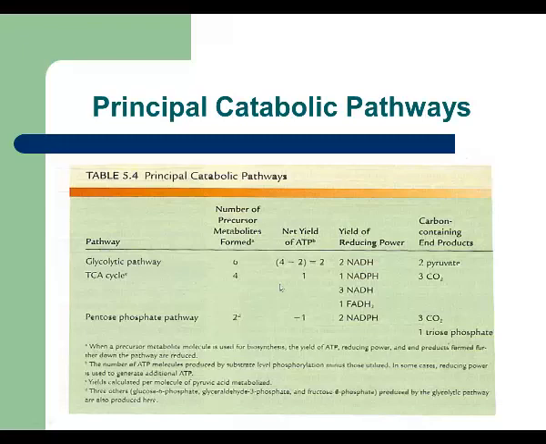Please remember, it doesn't make any ATPs, it uses 1 ATP, and the end products of pentose phosphate pathway will be 3 CO2s or 3 molecules of carbon dioxide and 1 molecule of triose phosphate. Also, all 3 catabolic pathways produce reducing power compounds.